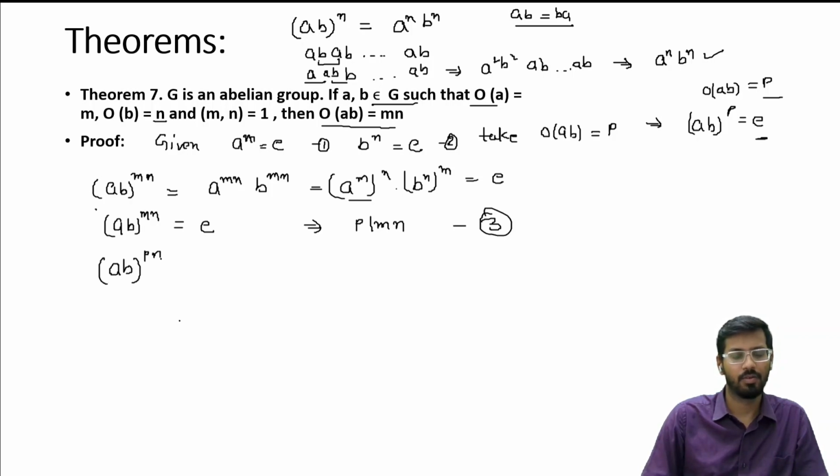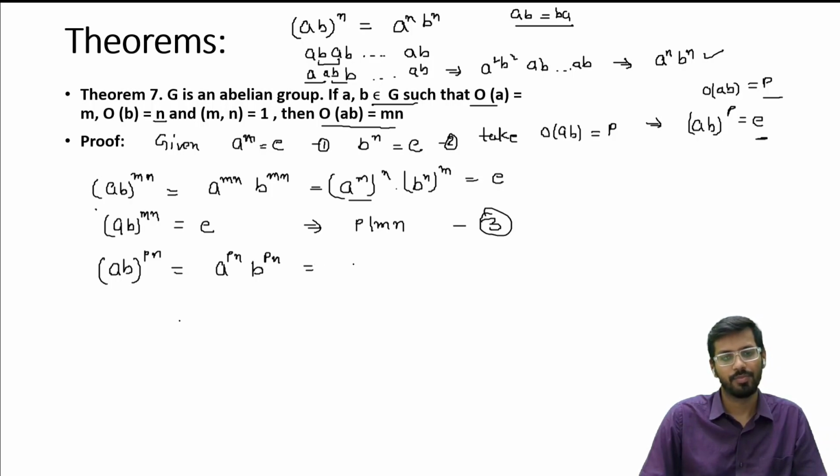Okay, now take (ab)^pn. That is equal to a^pn and b^pn. That is equal to a^(m p n) and (b^n)^p, and that is the identity element.